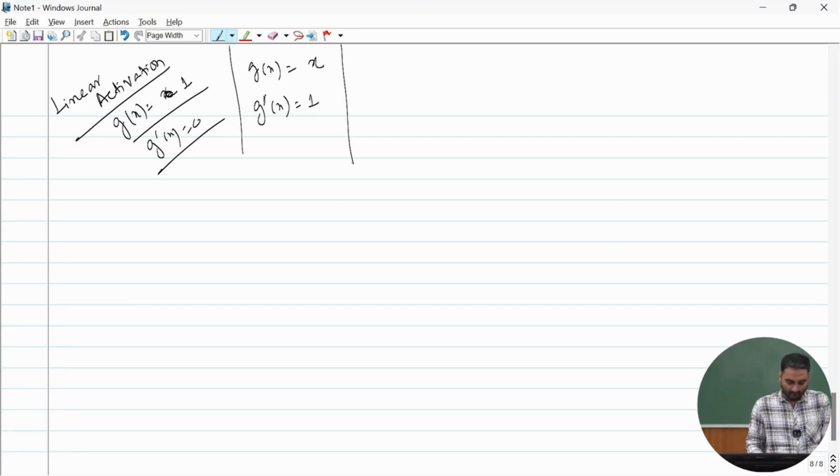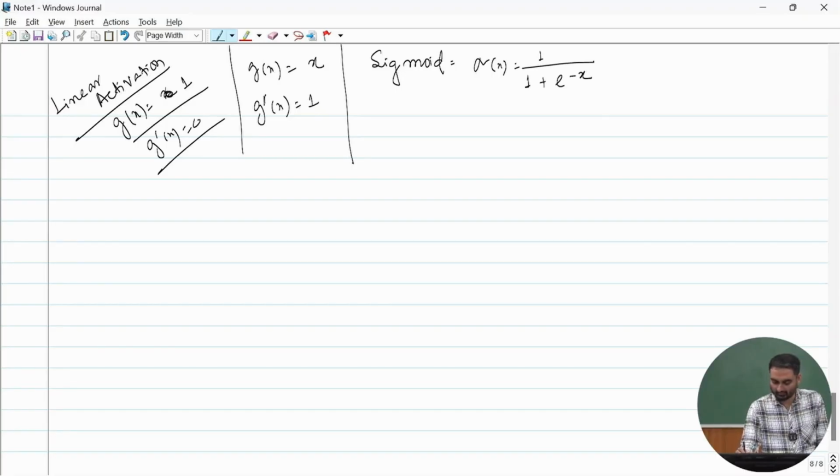So what are these non-linear activation functions? The simple non-linear activation function is the sigmoid function, which you all know. The sigmoid is used heavily: 1 by 1 plus e power minus x.